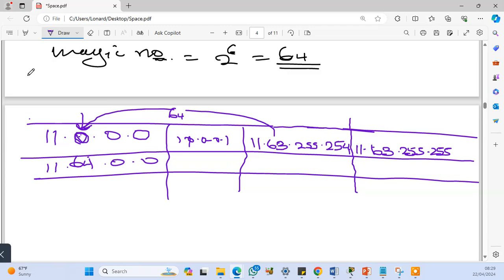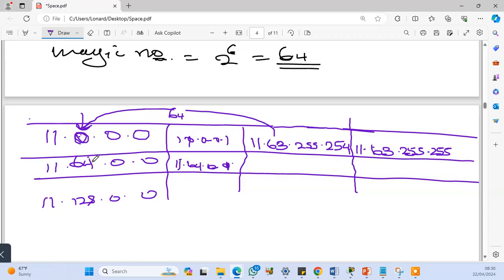So still here, I can do the same: 11, then dot 64, because it's the first, dot 0 dot 0, oh, dot 1, yeah. If I want the last and then broadcast, I'll add 64 here and get 128. The 128 will be this side, 128.0.0.